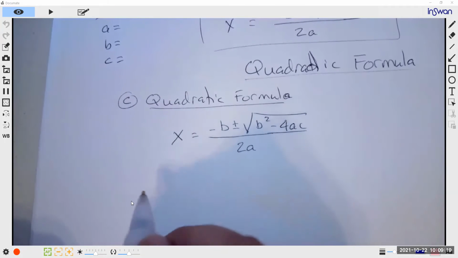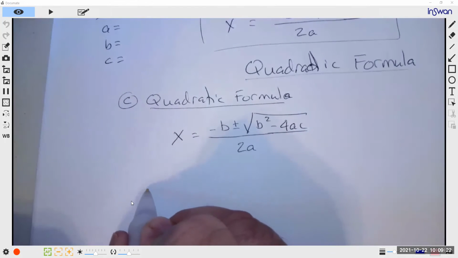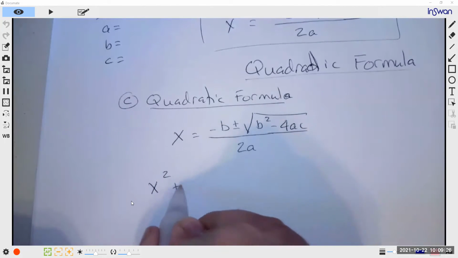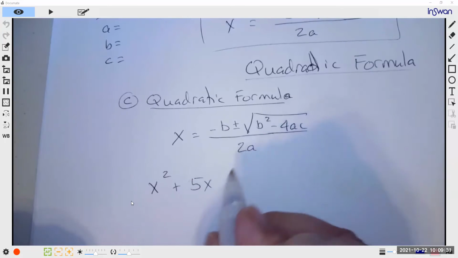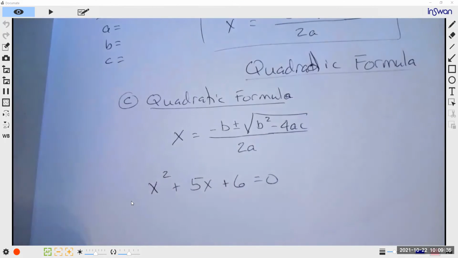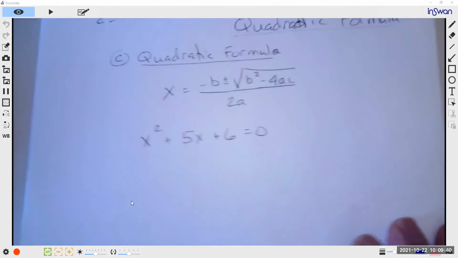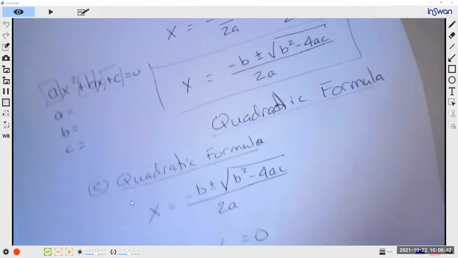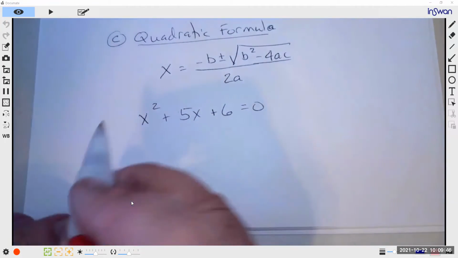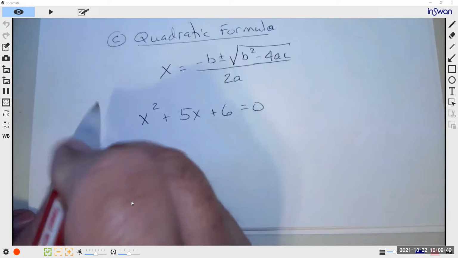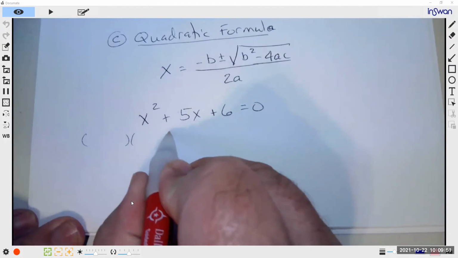So those are some of the examples we did last time. So we had x squared plus 5x plus 6 equals 0. Yeah, we could solve this by factoring.